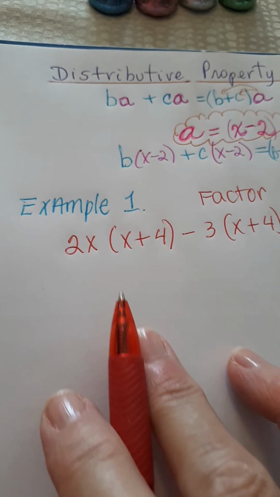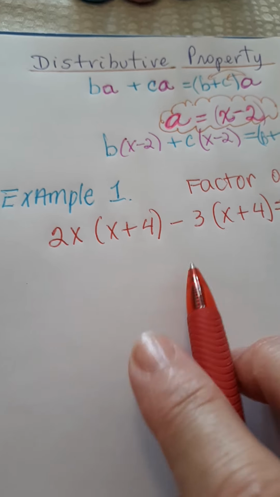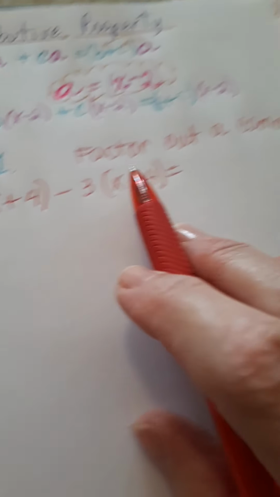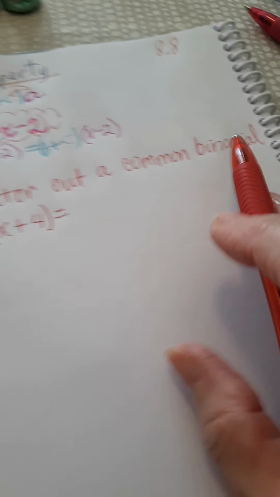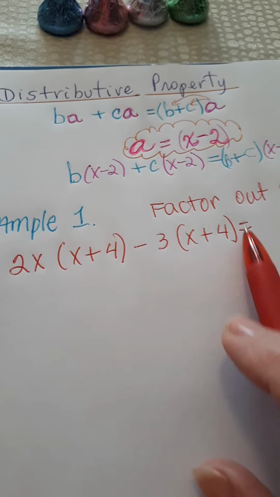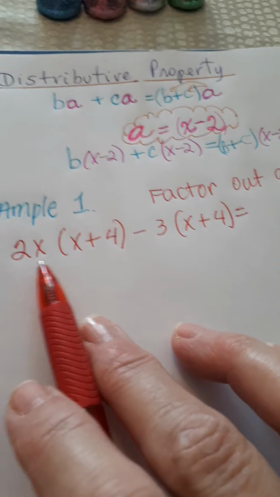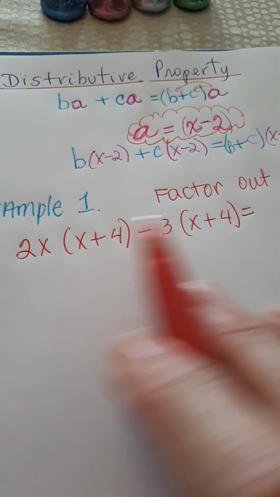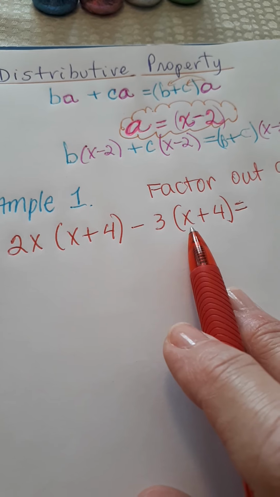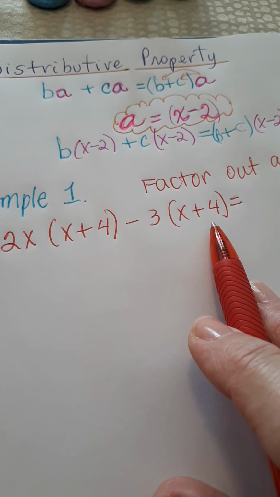In example 1 of your book, they give you the instructions: factor out a common binomial. And this is the problem of example 1. Well, the common binomial that these two terms have is x plus 4.